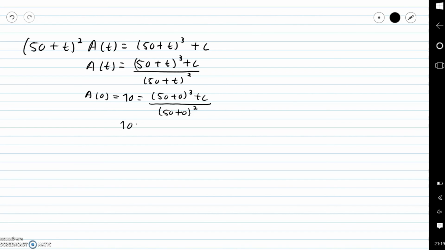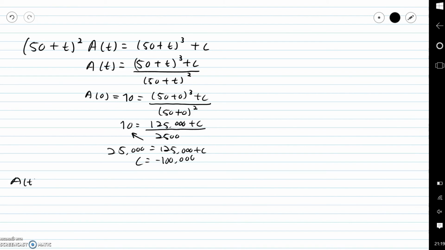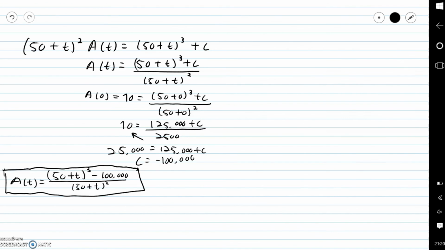So we'll equate them together, and then we'll just solve to get the C. Once we have acquired our C, we just simply put it into the equation and we will have our general solution.